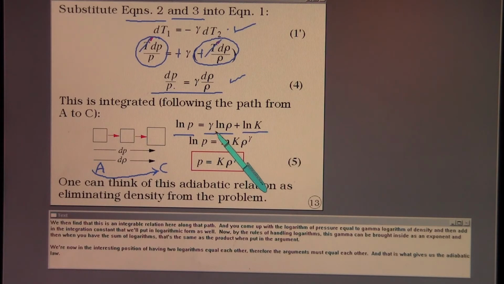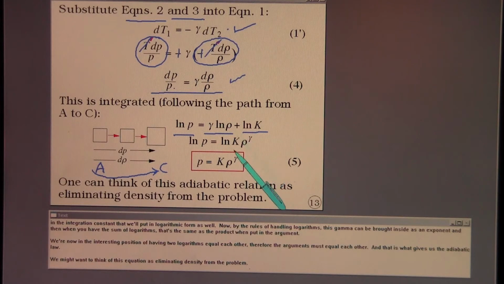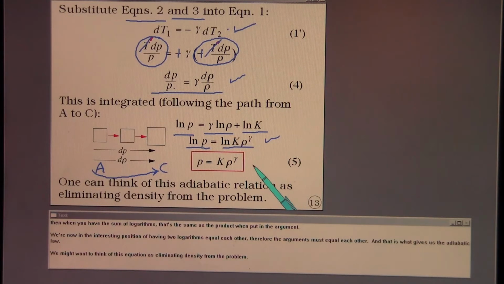Now, by the rules of handling logarithms, this gamma can be brought inside as an exponent, and then when you have the sum of logarithms, that's the same as the product when they're put in the argument. We're now in the interesting position of having two logarithms equal each other, therefore the arguments must equal each other, and that is what gives us the adiabatic law here.